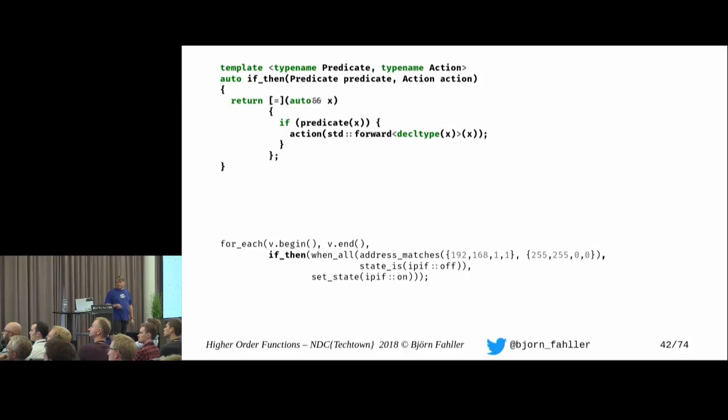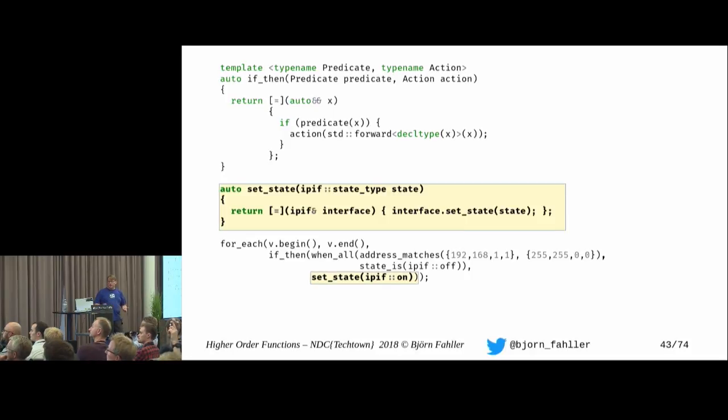Yeah. So you see what's happening here. The predicate will be this composition of when all, and action will be set state. And set state is, of course, also a higher order function that uses the auto-return type to return a lambda that captures the state we want to set. And when the lambda is called with an interface, we call the set state member on it to set the value that we want it to have.